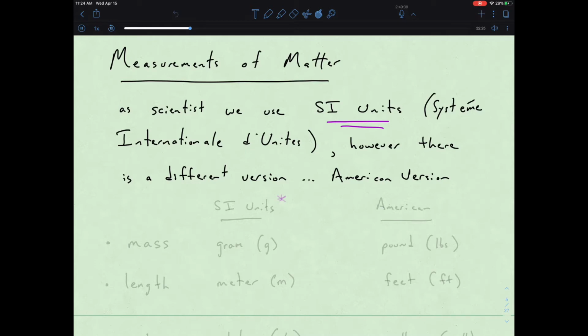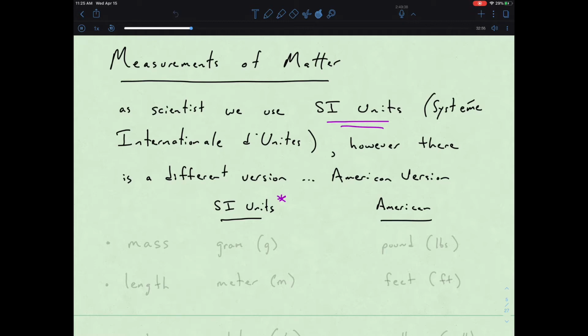So just to break that down, we can look at SI units, we can compare that to American style units, but keep in mind that what we're really interested in going forward is the understanding of SI units. But since there are two conventions, we need to be able to go between both of them.